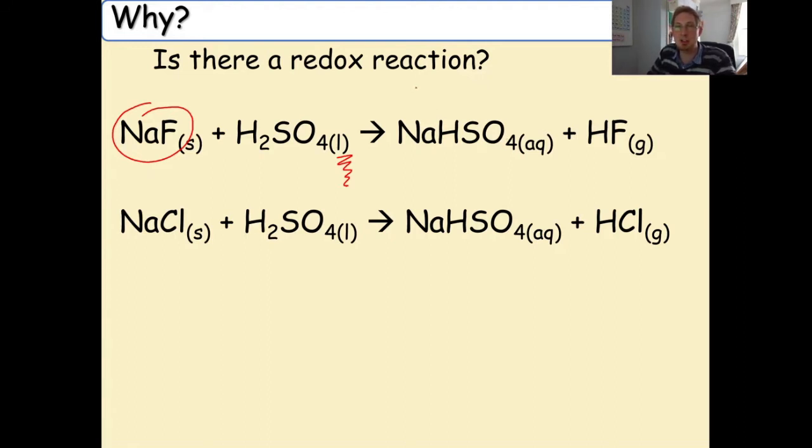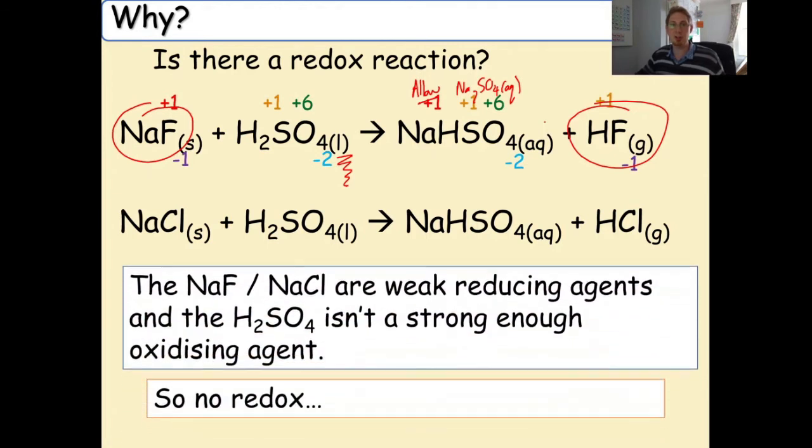In many mark schemes you will see them allow Na2SO4 aqueous, but technically that's not correct. So you form the sodium hydrogen sulfate or the potassium hydrogen sulfate and the hydrogen halide, and this happens with all of them. Is this a redox reaction? Well, no, it's not. The oxidation numbers of every element at the start and end are the same, so that's not redox. That is simply an acid-base reaction.